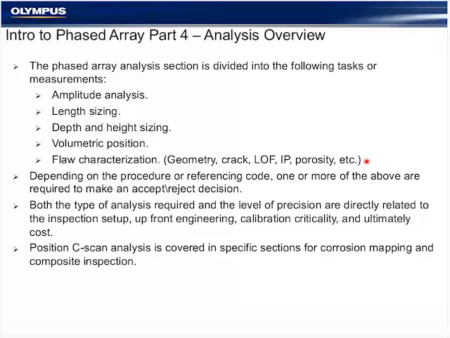In some cases, it's very critical to the accept-reject decision. We can have porosity and slag in most of our codes. We cannot have any cracks in any code that I'm aware of. So your ability to identify properly what type of flaw it is is essential.